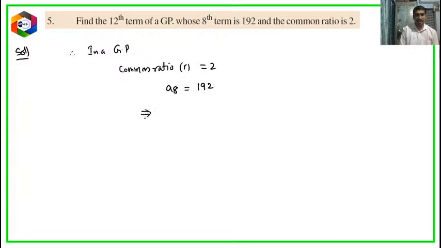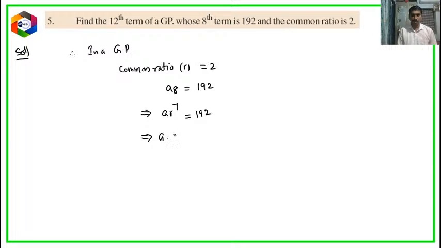As we know, A8 can be written in the general format as A R power 7, which is equal to 192. As we know the R value, let us substitute it here.